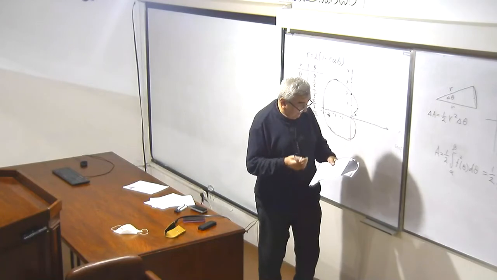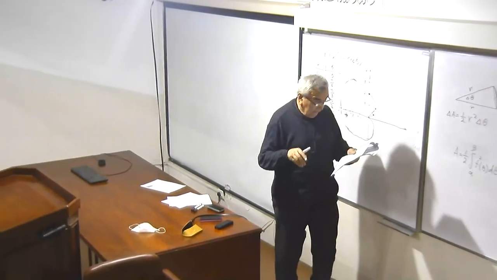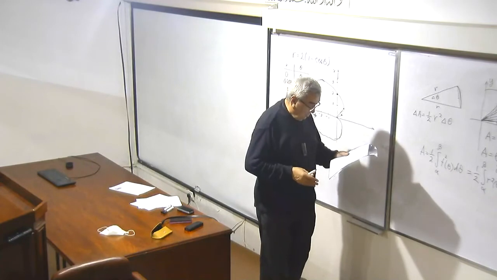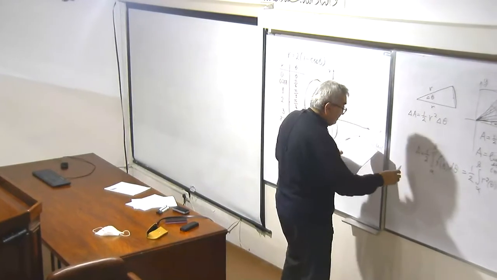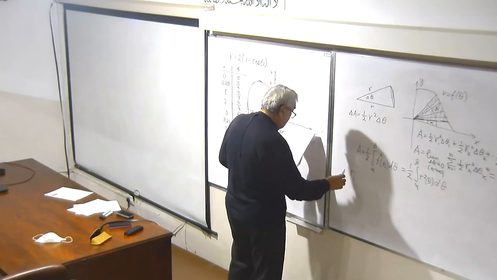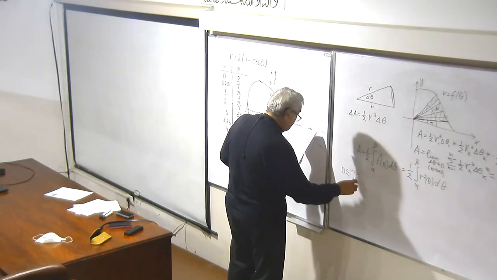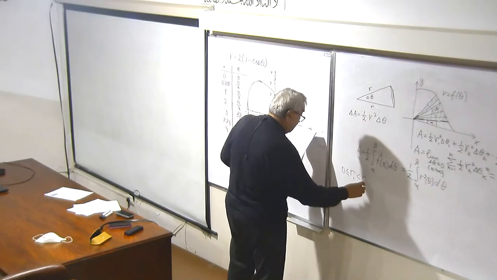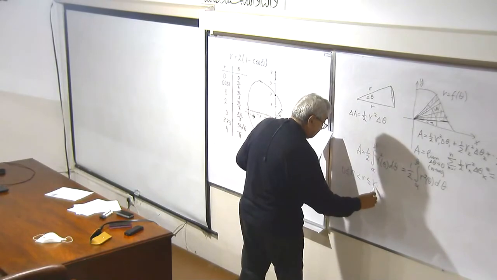How do we define the area restricted by two curves? I will consider the case when R1 is larger than 0 and R is smaller than R2.